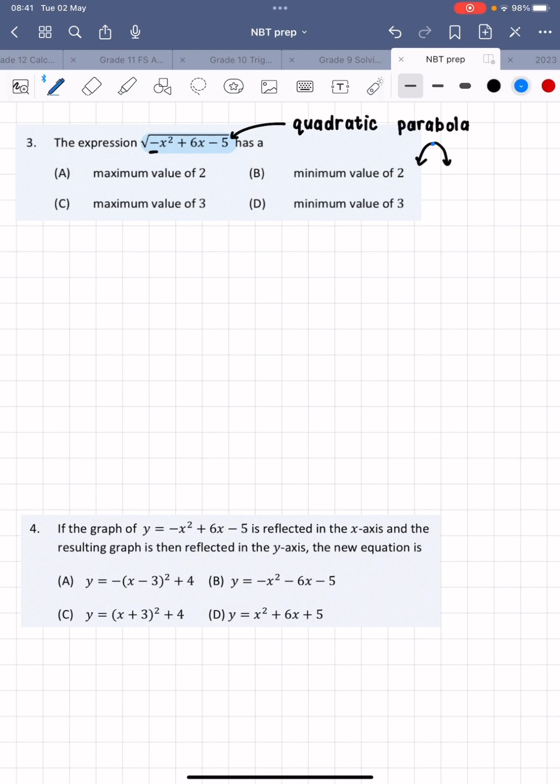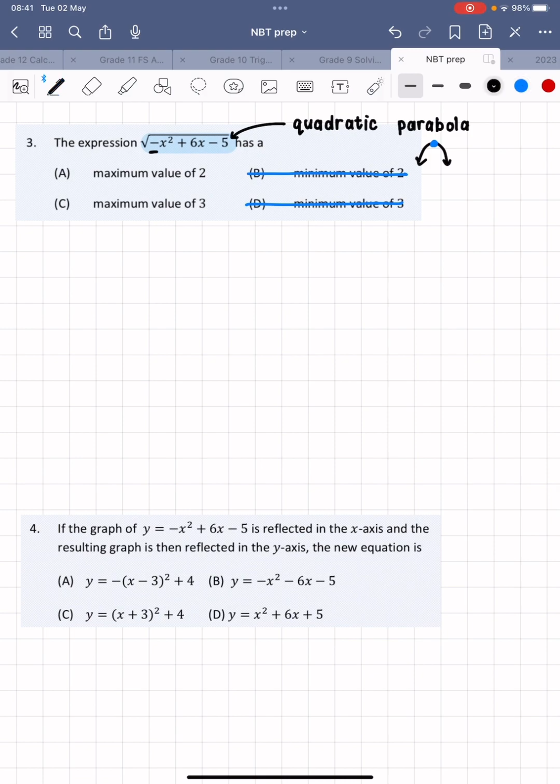That is already telling us that we are going to have a maximum value. So immediately we can take away both of these options, minimum value of 2 and minimum value of 3. It can't be either of those. It's a downwards facing parabola, meaning we are going to have a maximum value.